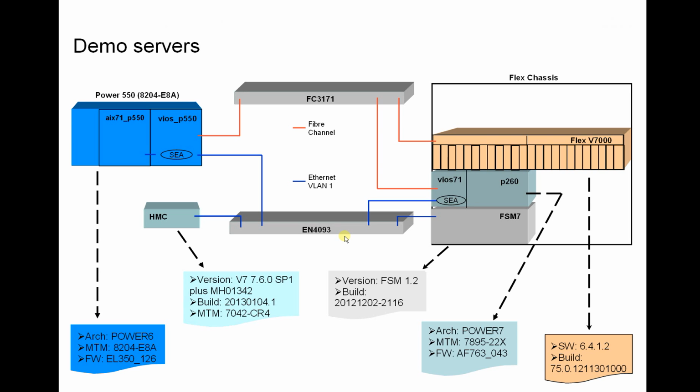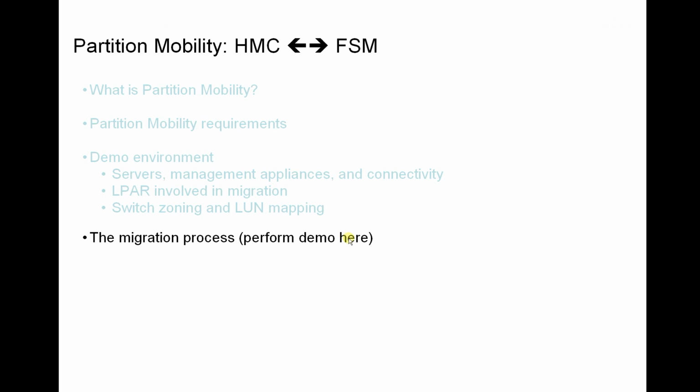For those of you who are savvy about the Flex, you know that this is not the recommended configuration, but it's one that works, and so everybody is tapped into the same network. That satisfies the requirement for single VLAN, single subnet. So what I'm going to do now is I'm going to move off to the demo.